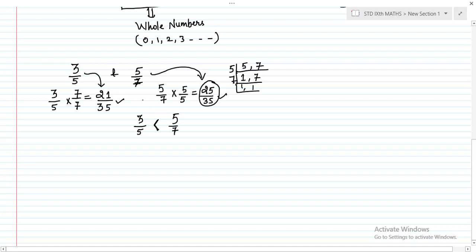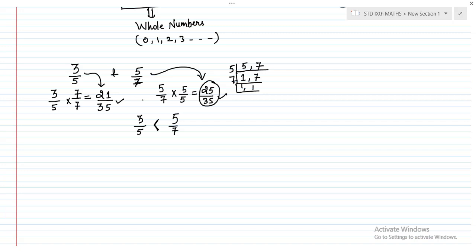Now the question adds: insert 3 rational numbers between 3 upon 5 and 5 upon 7 so that all the 5 numbers are in ascending order of their values.